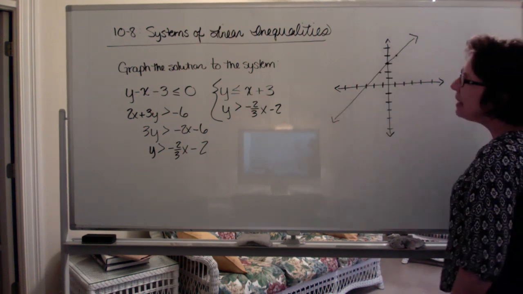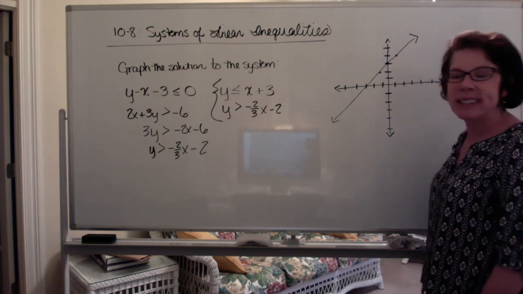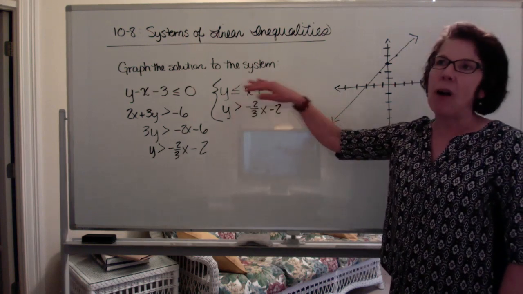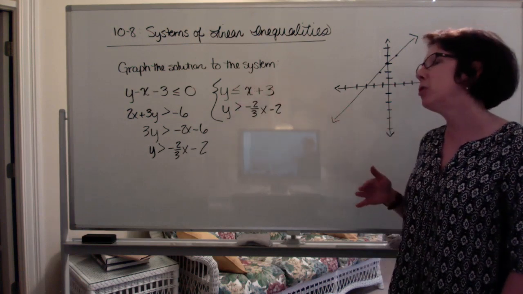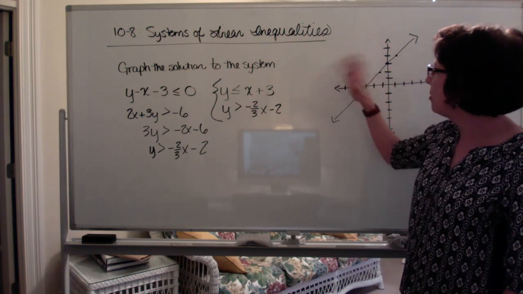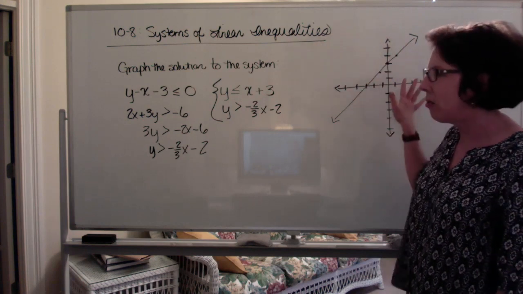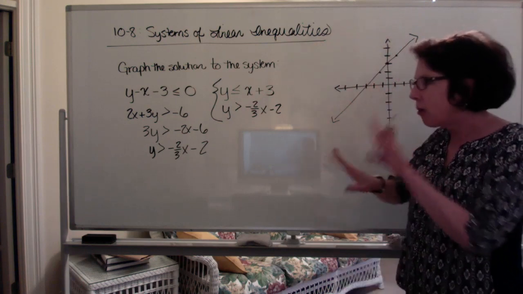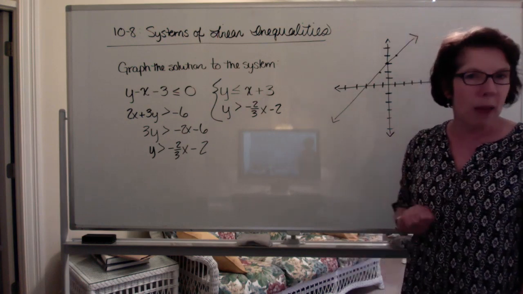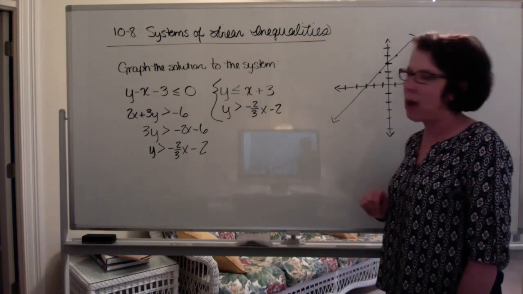Okay. Now, let's decide which half plane we would graph for this. Now, some people do a lot of shading on one and then shading on the other and then make it a darker shading where they overlap. I'll tell you what my method is. I call it the arrow method, and I'm going to show you how that works.